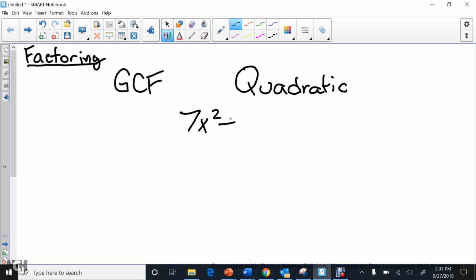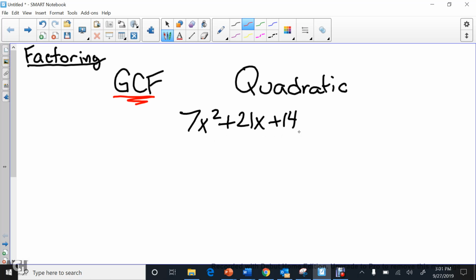7x squared plus 21x plus 14. So we should always check for a greatest common factor first, something that all three of our terms have in common.